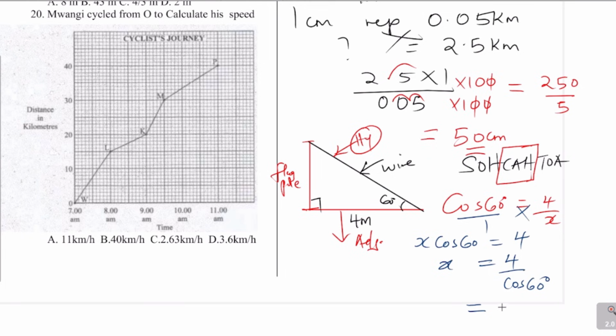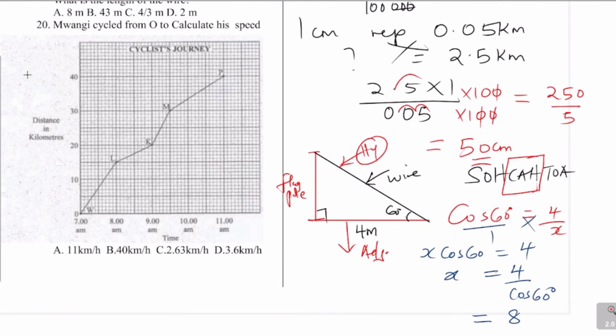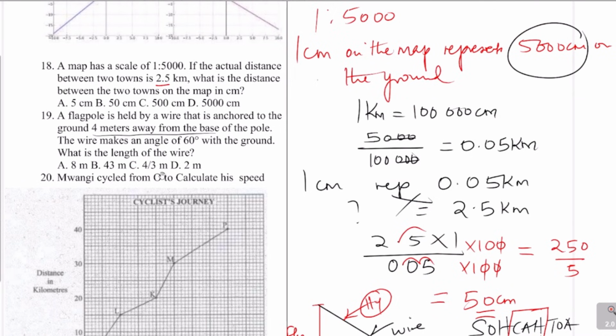Cos of 60 is a half, so this gives 8. The solution there is 8 meters. The other solution I had not given was a 50 centimeters for 18. So this one is 8 meters.